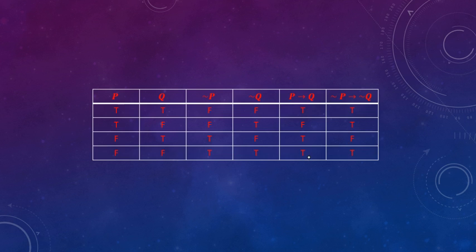We look at these last two columns. And the question was, are these two things logically equivalent? Well, if they were logically equivalent, then these columns would be identical. However, as you can see, there are two rows where the truth values are not the same.